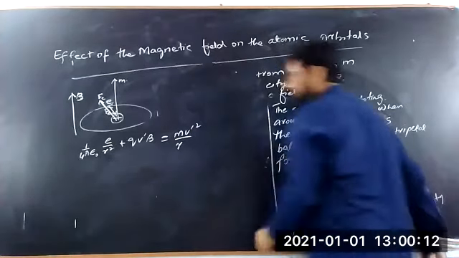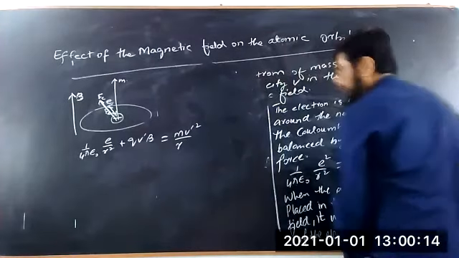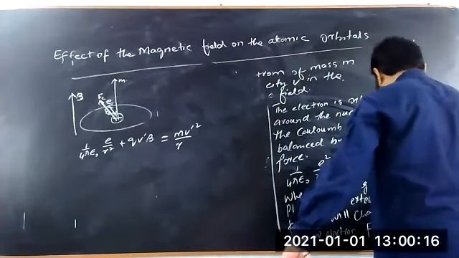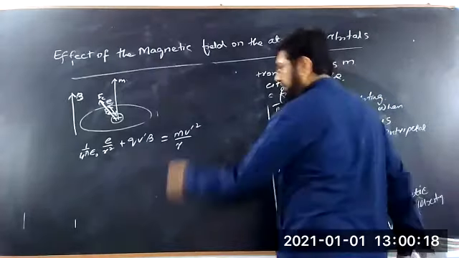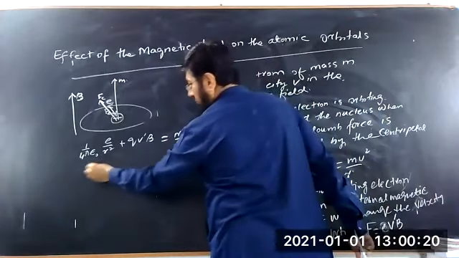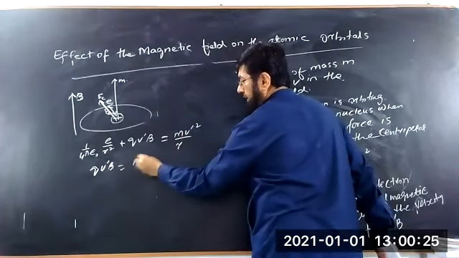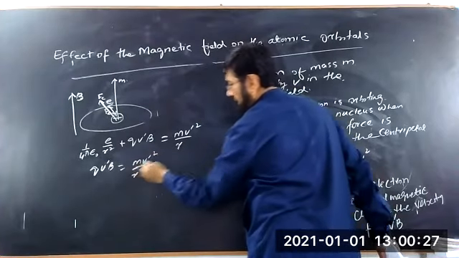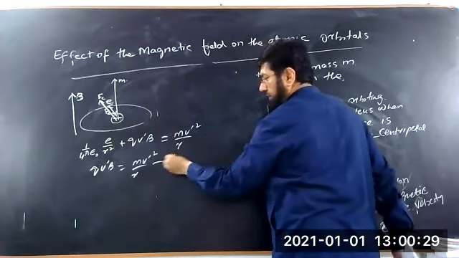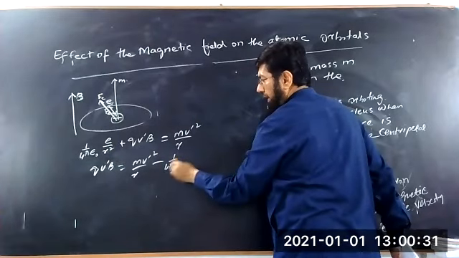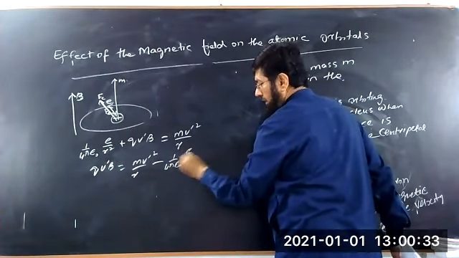So now here, if we look here, QV dash B is equal to mv dash square upon R minus, if you bring this to this side, 1 upon 4 pi epsilon naught E square upon R square.